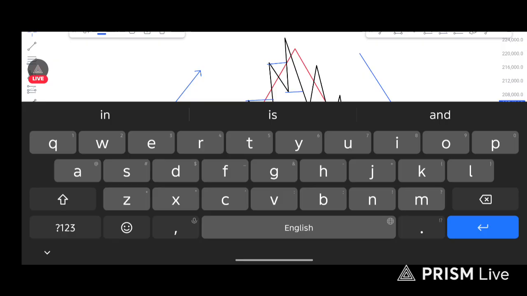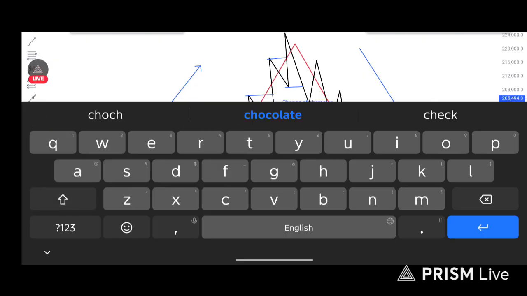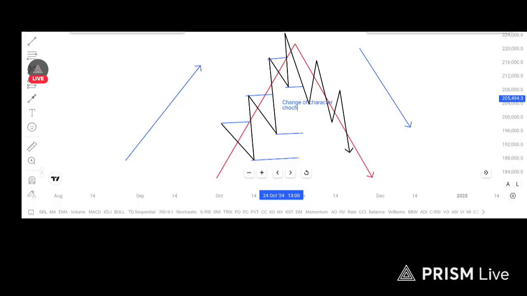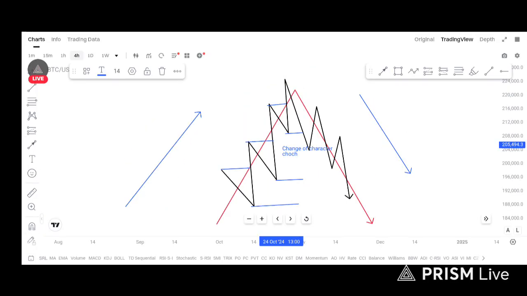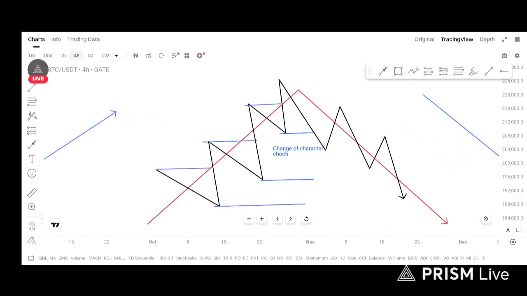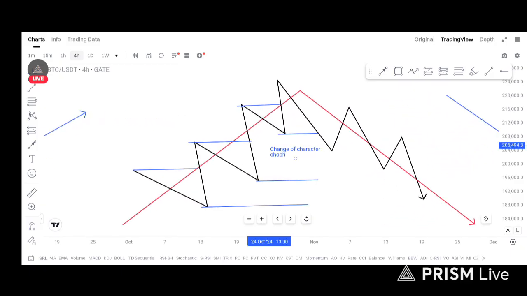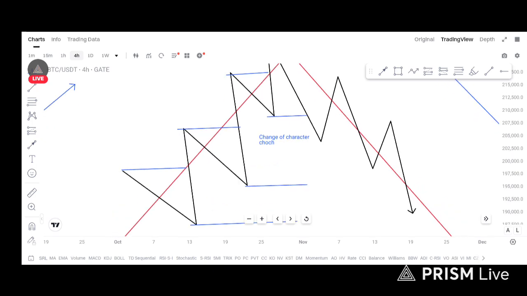The abbreviation for it is going to be CHoCH. Some people call it change of intent, change of whatever. People have different terms they use in notifying that change of character.